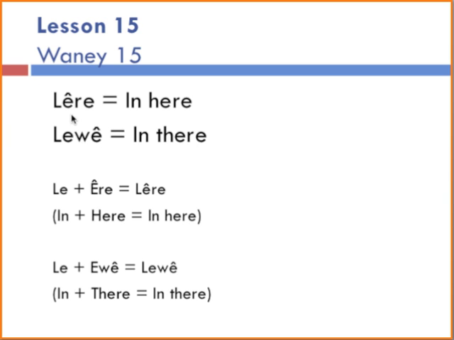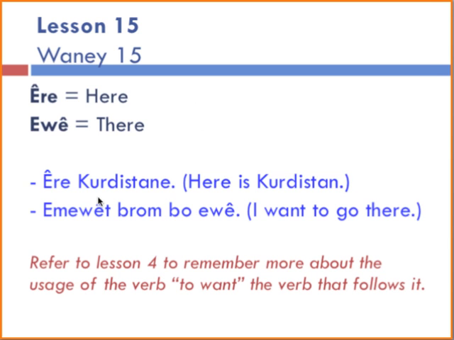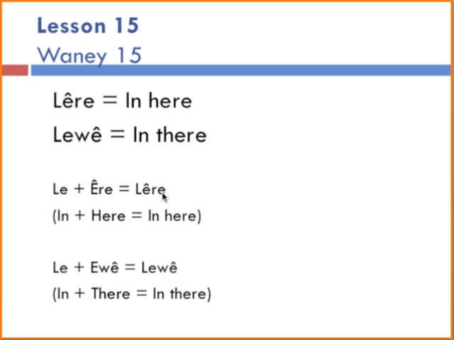Leer and Lewe come from la plus era and la plus awe. Leer comes from la, in, plus era, here, and Lewe from la plus awe, in there.